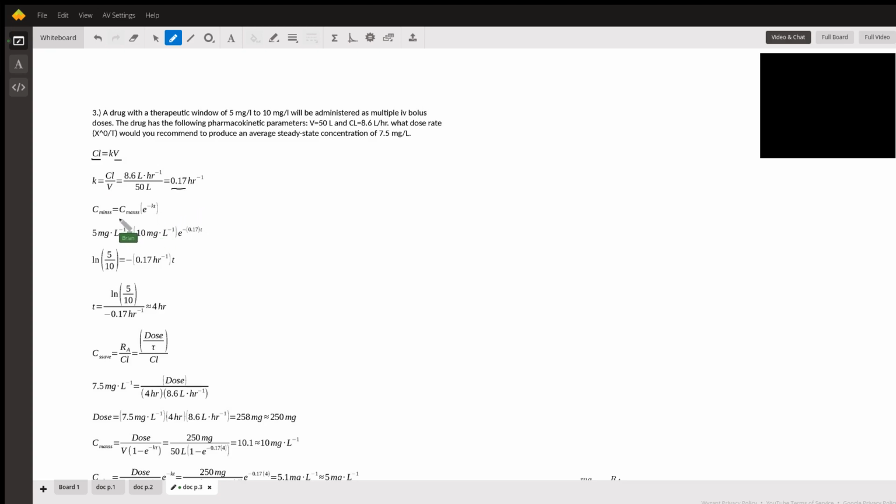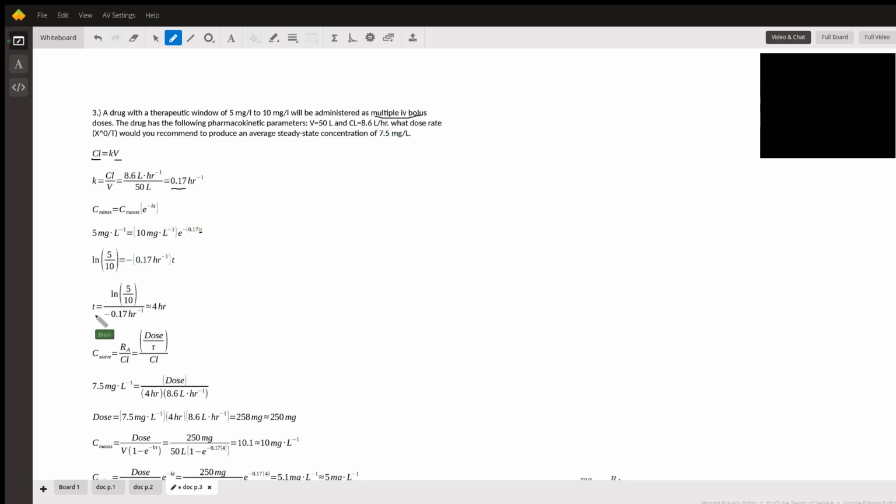Next, I will use the equation that relates C-min steady state to C-max steady state, and using the ends of the therapeutic window to determine an appropriate dosing interval. I use T, which is the same thing as tau, the dosing interval, because again, this is multiple IV bolus doses.